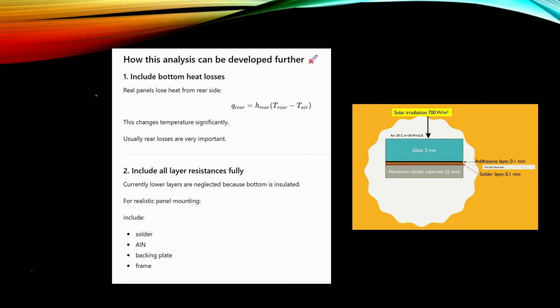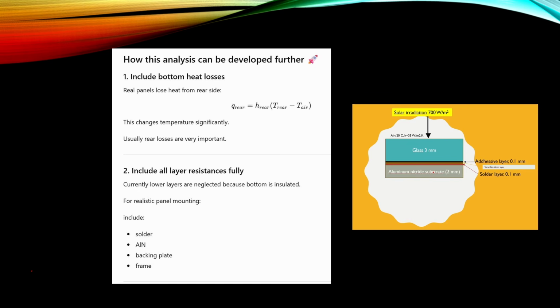How you can make this simulation more realistic? I think the first thing is that you include bottom heat loss. Typically there is quite high heat loss through this aluminium substrate. If you can assume that you have the same conditions, air temperature and heat transfer coefficient at the rear side also, so you need to calculate the resistance in this solder layer and in this aluminium substrate.